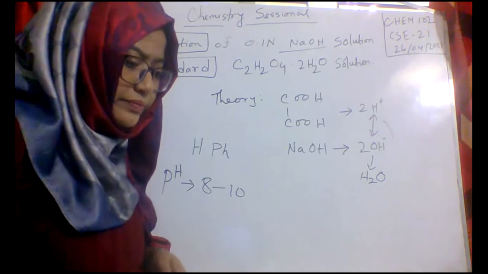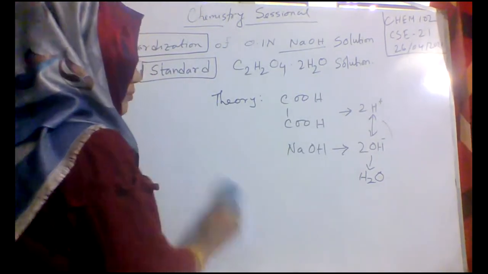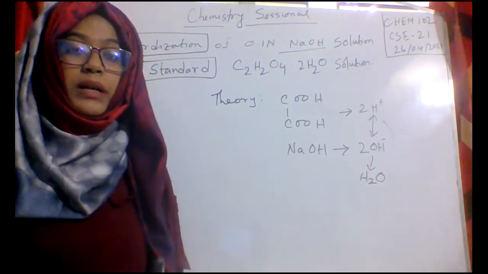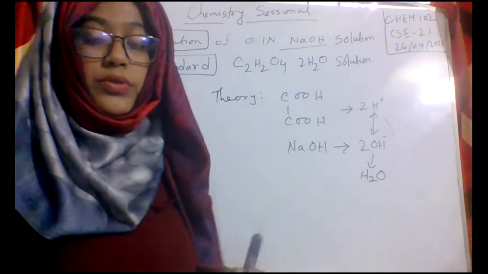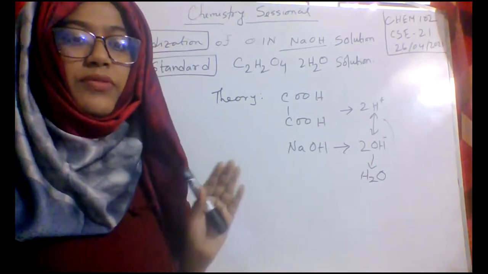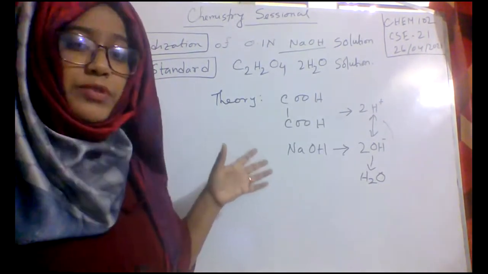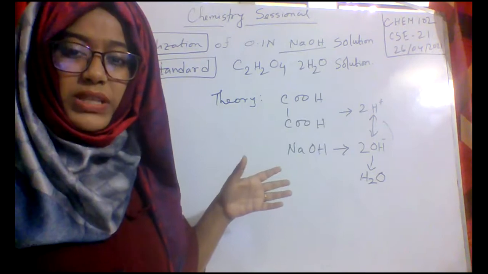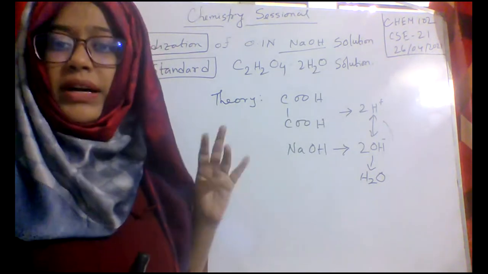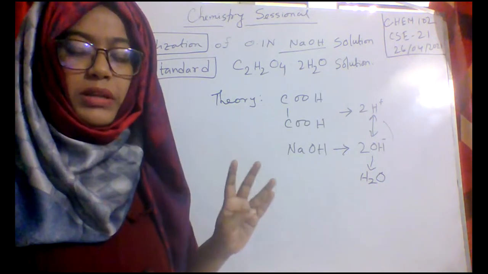Okay, I'll come back to this one later. Now I'll go to the experimental part, the procedure. The procedure is divided into two parts, phase 1 and phase 2. What chemicals are we using? Sodium hydroxide, oxalic acid, and phenolphthalein. These are the three major chemicals.